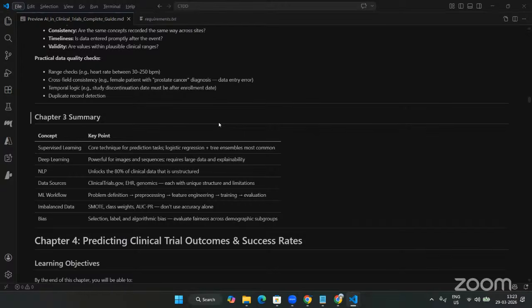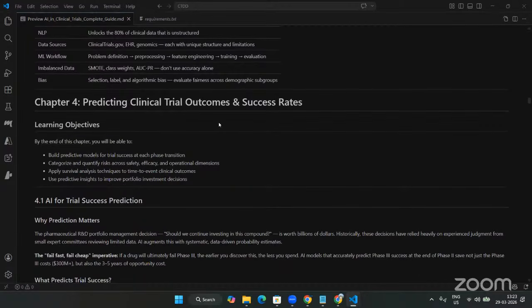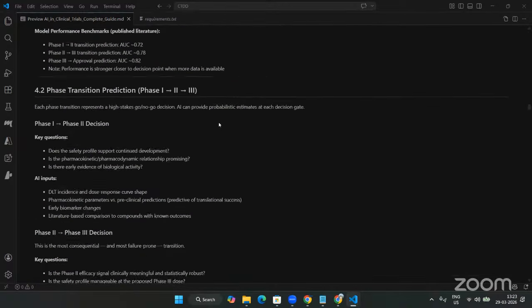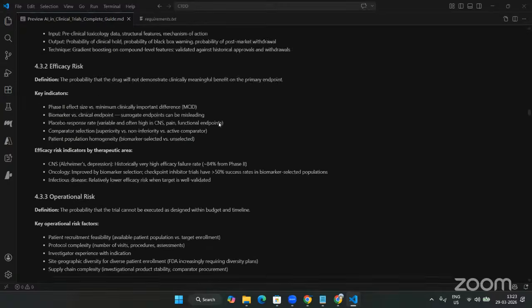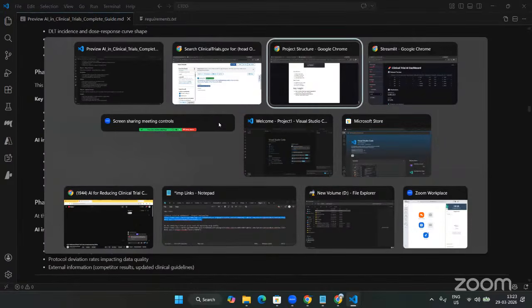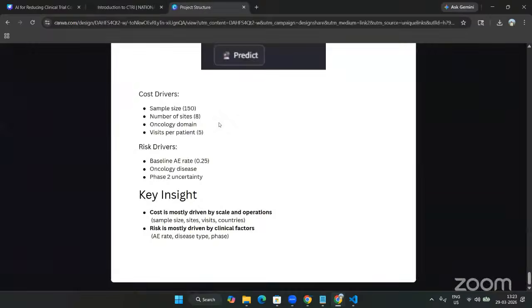Now, what are the remaining chapters, which I would cover in a separate session? The remaining chapters are about predicting clinical trial outcomes and success rates. Yes, we can look at the chapters from here.